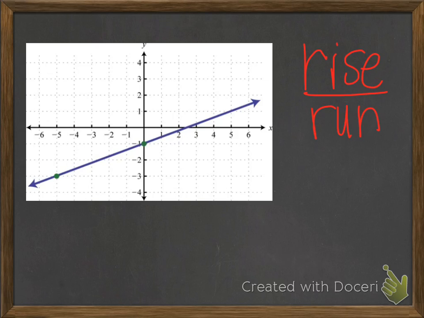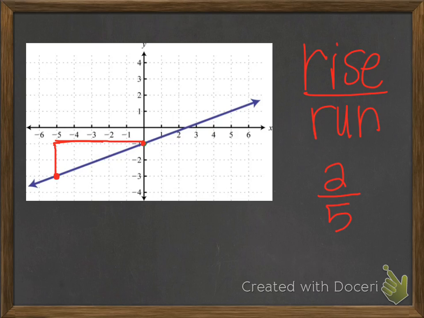Your rise is how much you go up to get on the same level as the other point, and that's going to be 2 units. And then your run is how much you go over to get to that point, and that's going to be 5.